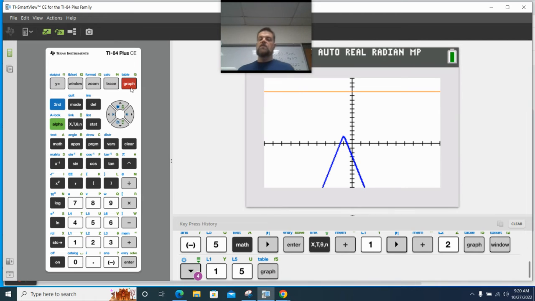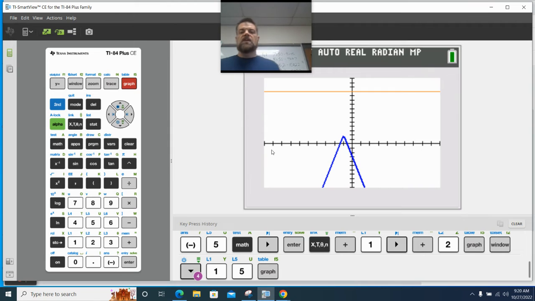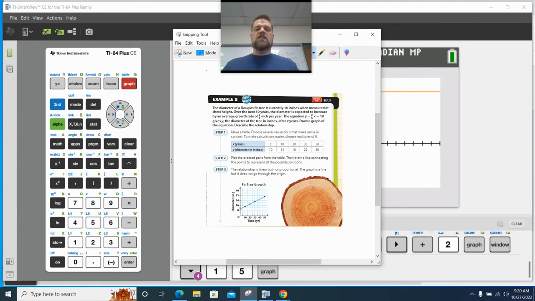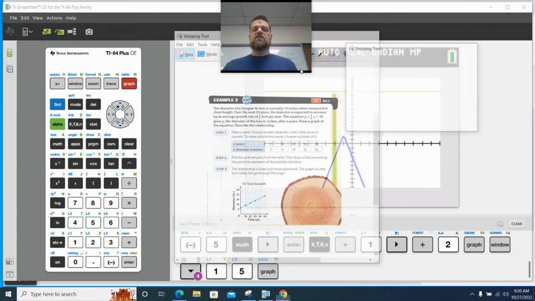Now let's graph it. Where do those two lines cross? They don't. That's why there's no solution. Those two graphs will never cross. So let's sketch that in our notes so we understand that.